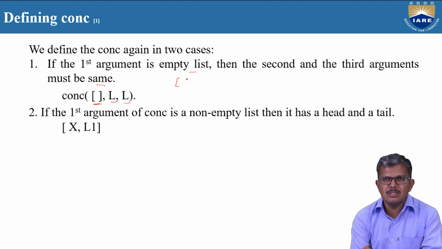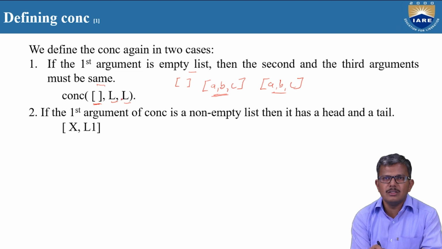For example, see, this is your L1. And for example, this is your L2. When you perform the concatenation, what happens? You get ABC as the third list. So the ABC third list exactly matches the second list you have taken.